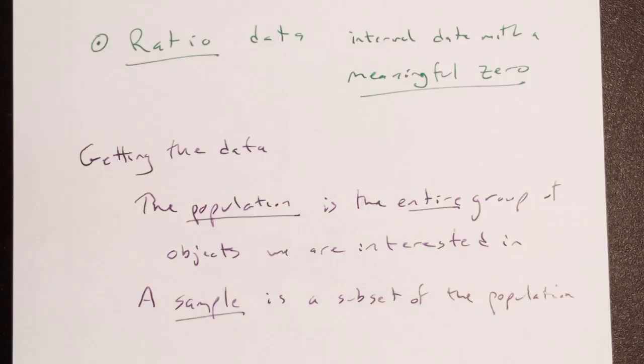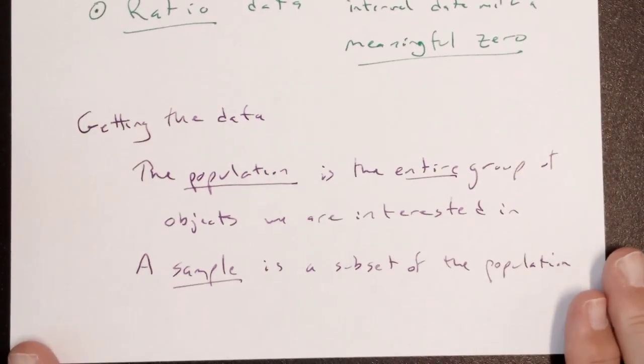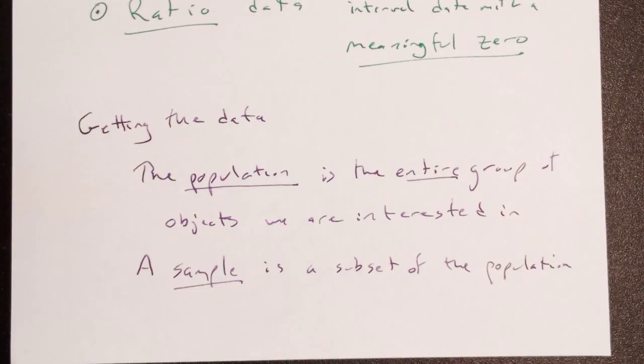You all are a sample of the population of Seton Hill students. But if I'm talking about age, I might actually be able to ask about every Seton Hill student. As a matter of fact, I'm sure I can get the age of every Seton Hill student if the registrar's office lets me into their computer. And that is a census.